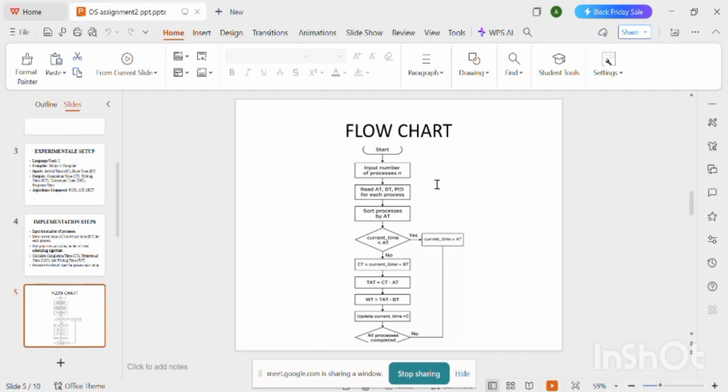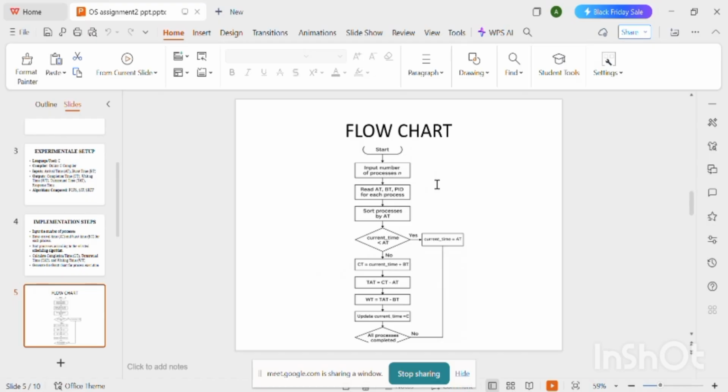Check if the CPU is idle. If the current time is less than the arrival time, the CPU waits until the process arrives, so current time equals arrival time. Calculate the completion time: current time plus burst time. Calculate the turnaround time: completion time minus arrival time.